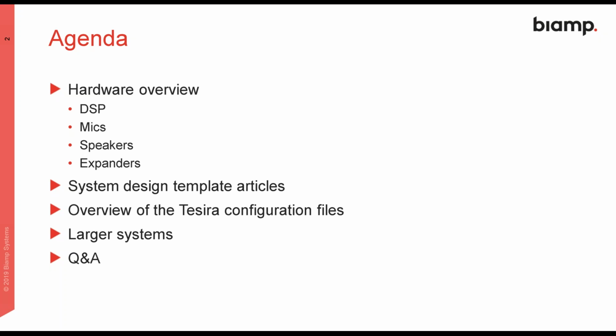Then we'll have a look at the system design templates articles you can use to make commissioning and deployment very easy and very fast. We'll go over the Tesseract configuration files, and we'll have a look at how to scale up systems and what else you can do using Biamp to complement your room. And there will be a Q&A section at the very end.